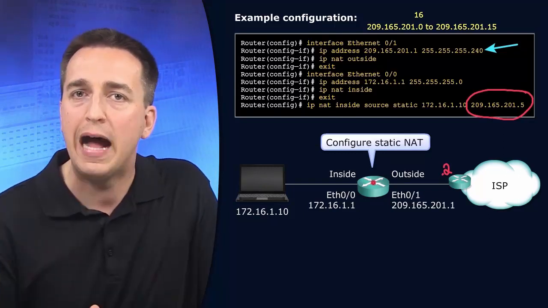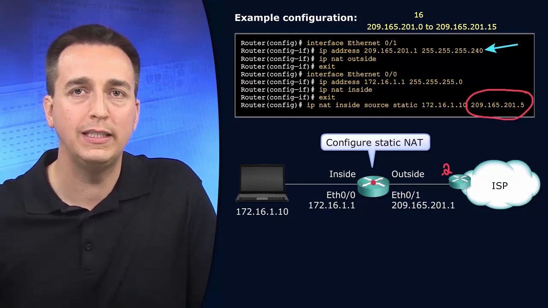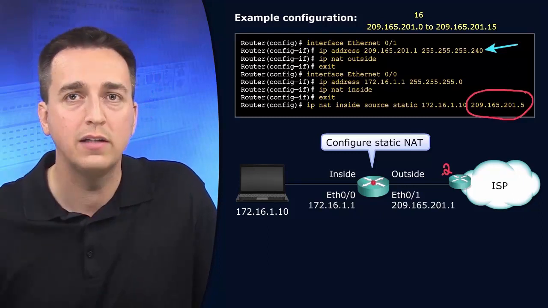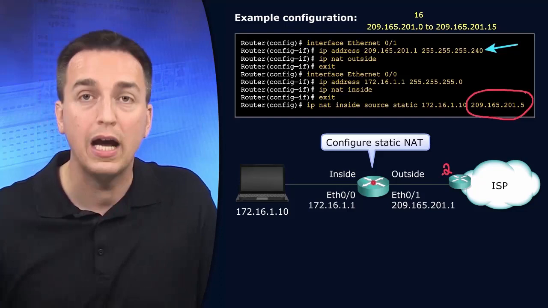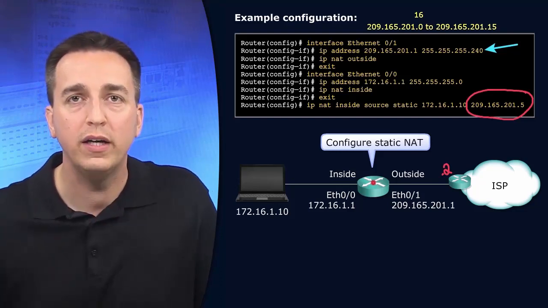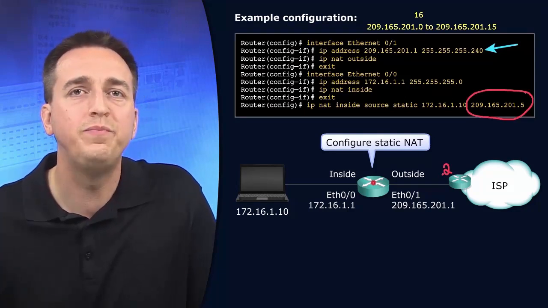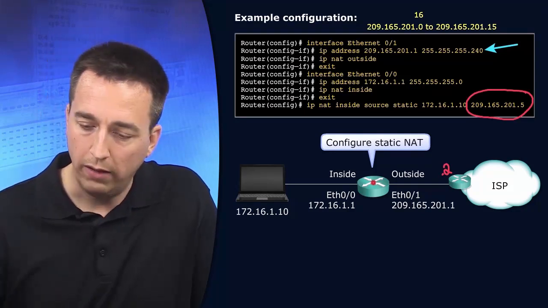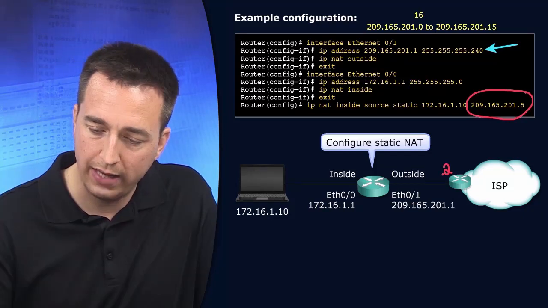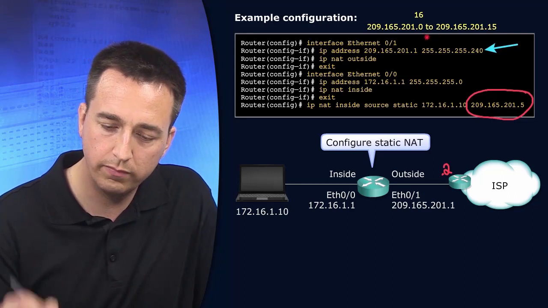When I say, is it valid, what I mean is, can the web server, as an example, that we are contacting reach this IP address in return? Because the return traffic is going to come back to this public IP address. Well, does this public IP address fall within this range?